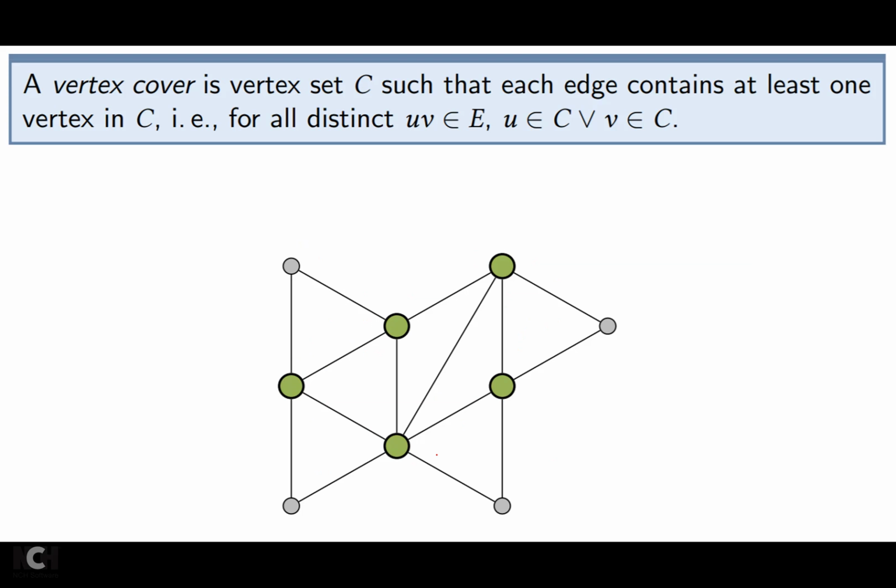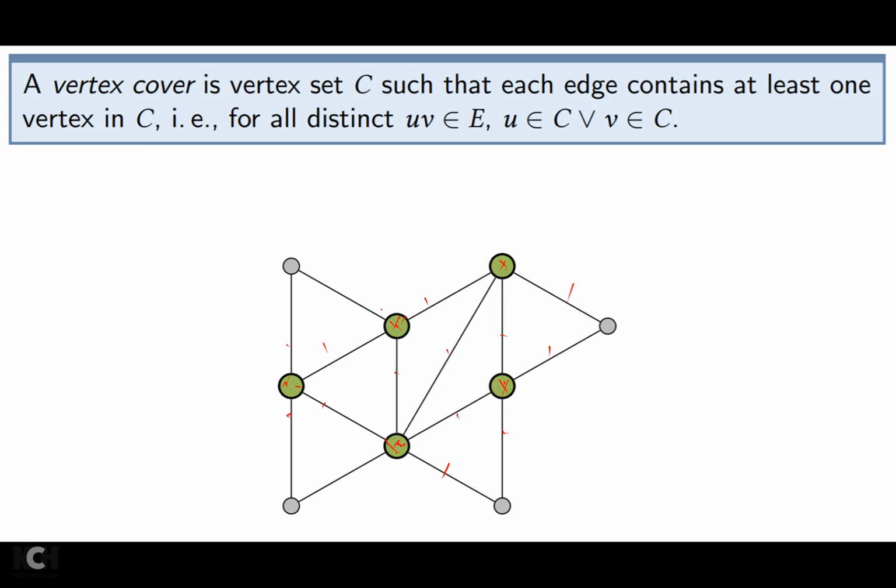For example, in this graph, these green vertices are the selected vertices, and they cover all the edges. All the edges have been covered. So now we want to select the minimum number of vertices that cover all the edges. So what is the objective function? The objective function is to minimize the number of selected vertices.